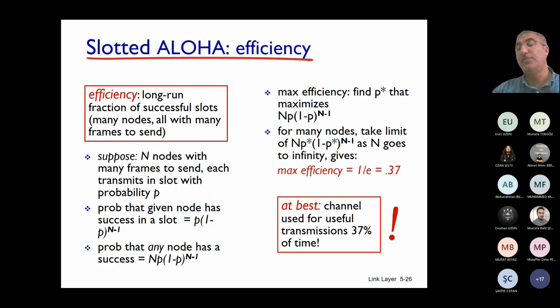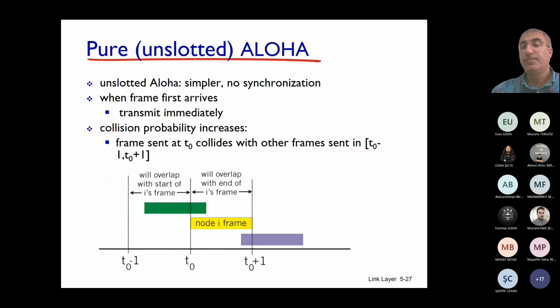What this efficiency means is that you are using the channel for useful transmission only 37% of the time. The remaining 63% of the time, your channel is wasted, which is low. So let's look at the second type of Aloha, which is called unslotted or pure Aloha.